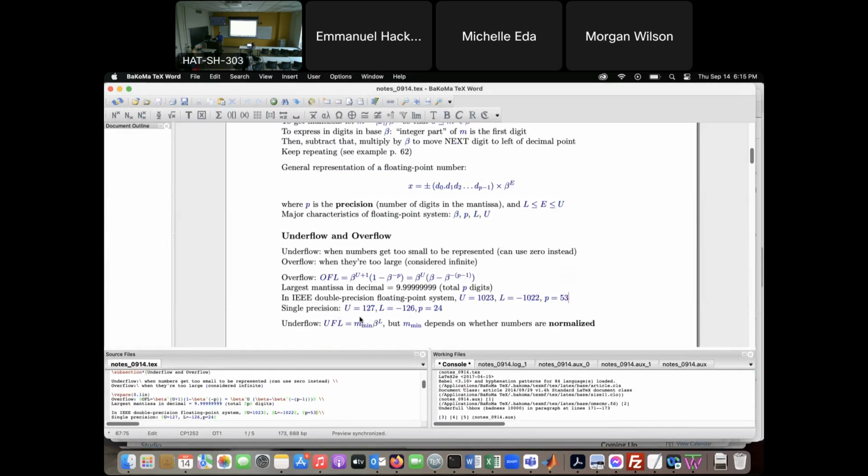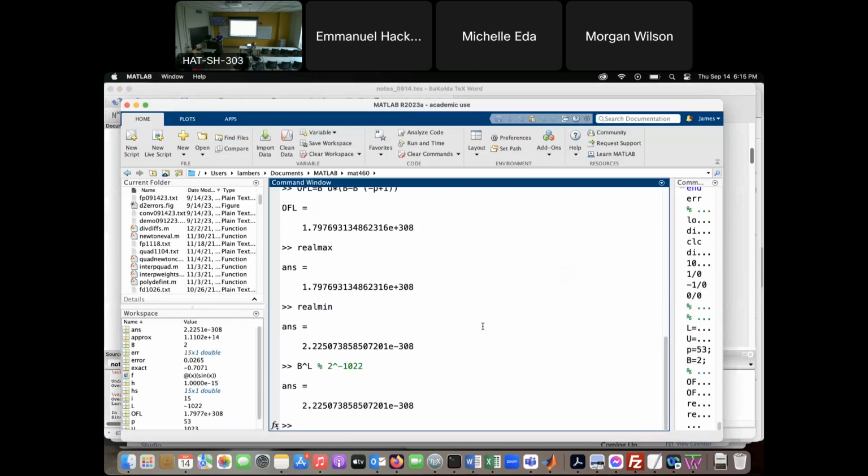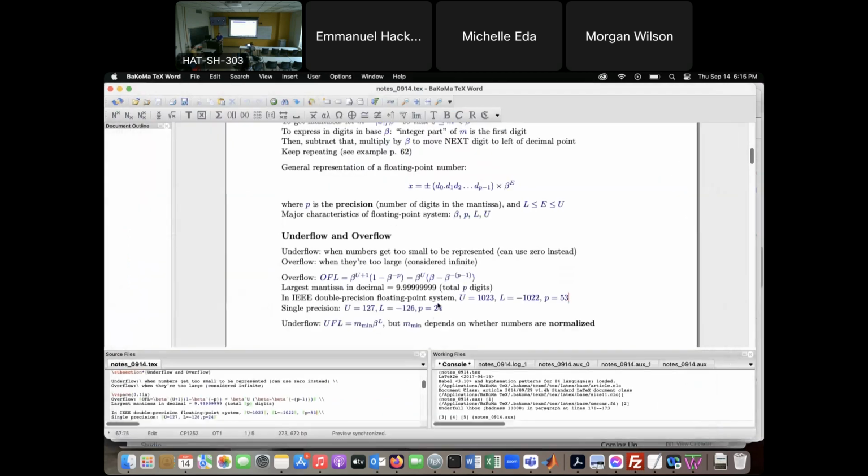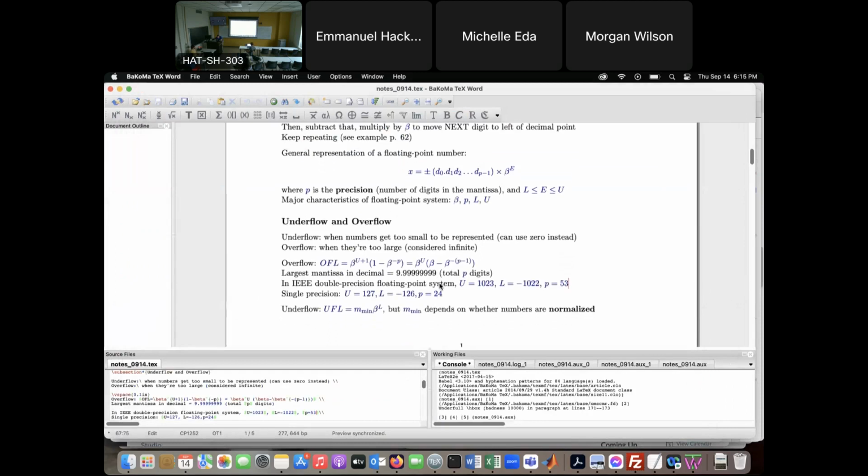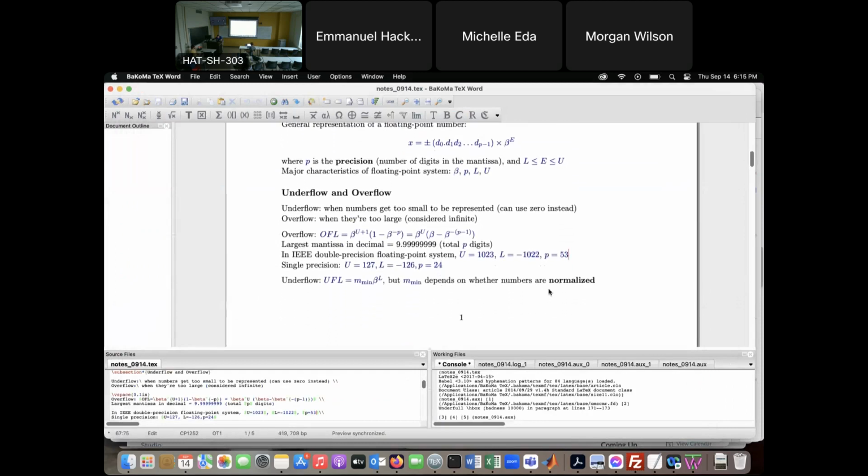And the value of that depends on whether numbers are normalized or not. So the value given by realmin is just assuming a smallest mantissa of 1. But under certain circumstances, we can have smaller mantissas than that. So this gets into the whole issue of normalizing numbers.